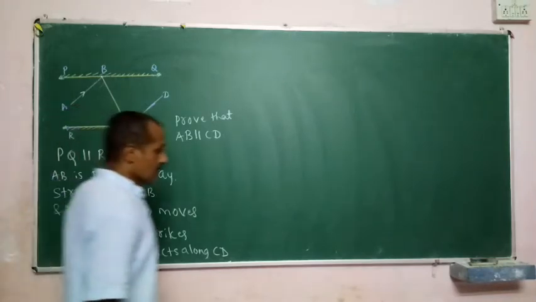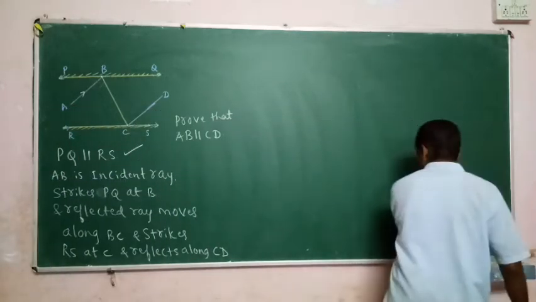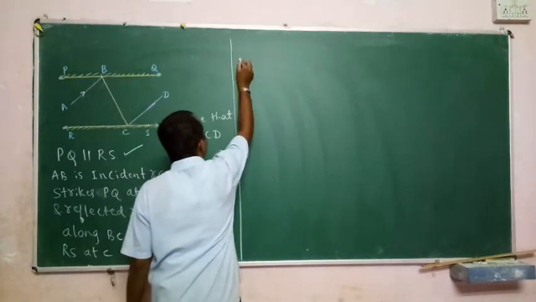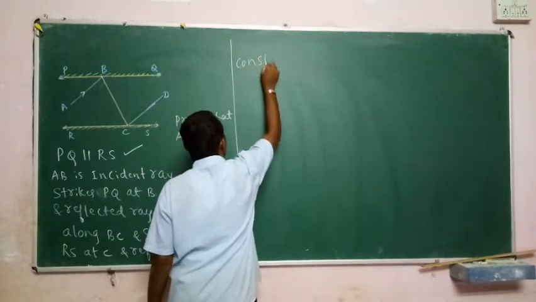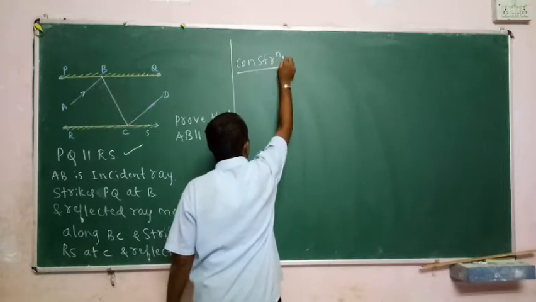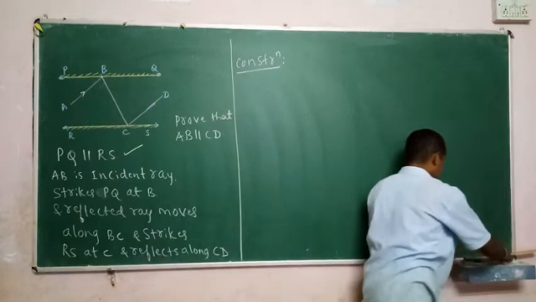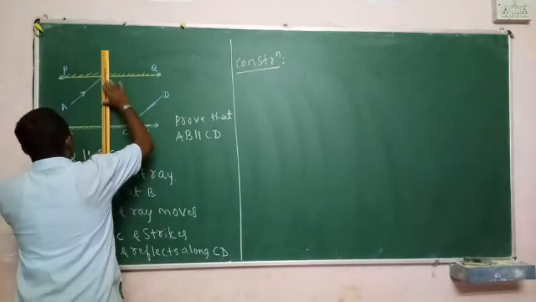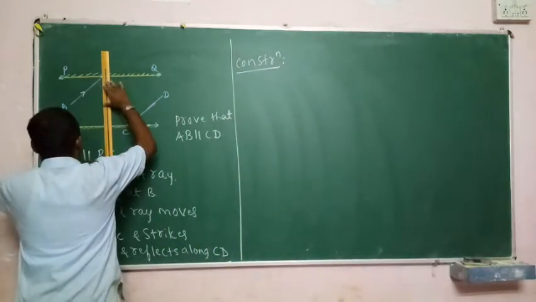My dear children, what is to be done for this? The solution will start from here. I need a construction. What is the construction required? I will draw the normals. You know what a normal is?